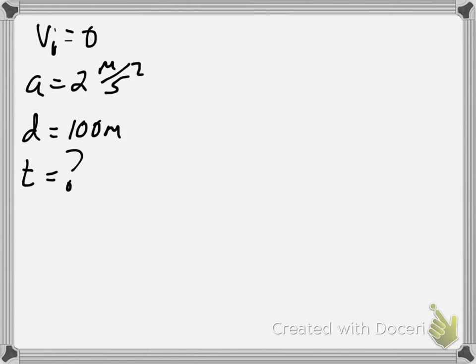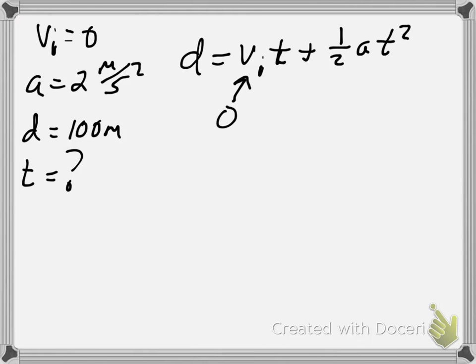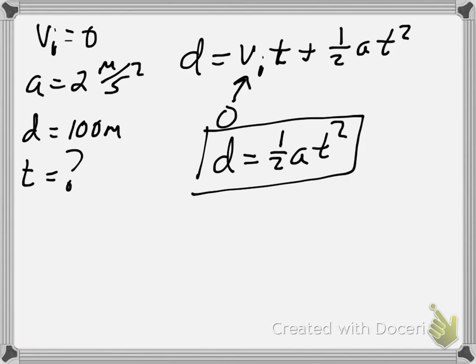Okay, so we can start with the equation v_i t plus 1/2 a t squared, but when I plug in 0 for v_i, 0 times anything is 0, so this equation just reduces down to d equals 1/2 a t squared. So this is the version that you should use if v_i is 0.